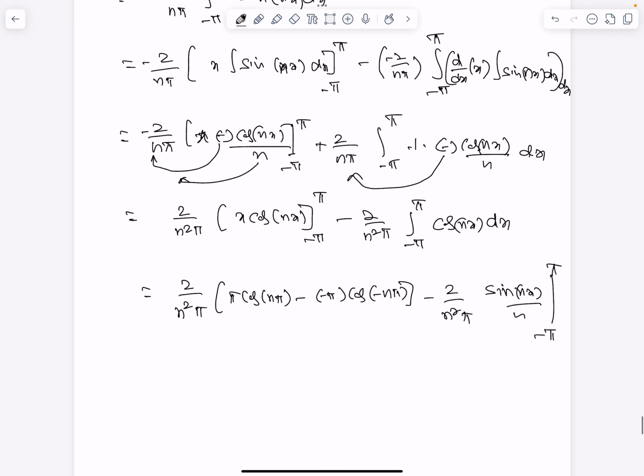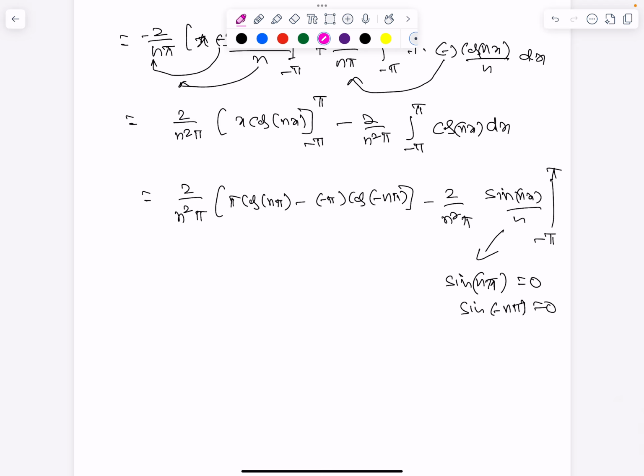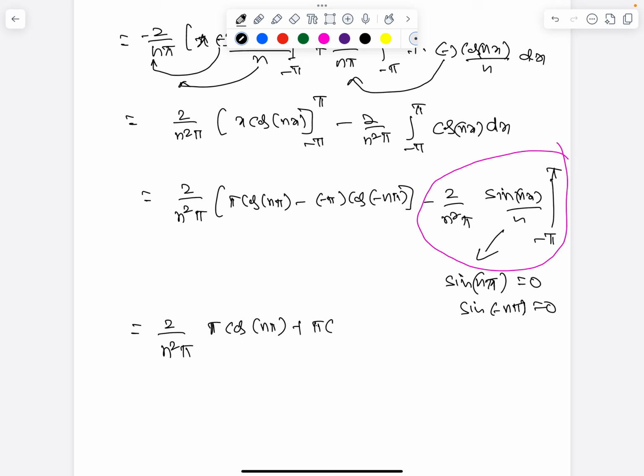Here both the upper limit and lower limit appear in the form of sine n pi, sine n pi and sine minus n pi, but all are 0. Therefore, this entire term is nullified or ignored, which is equal to 2 by n square pi, and this is pi times cos n pi plus pi times cos minus n pi.